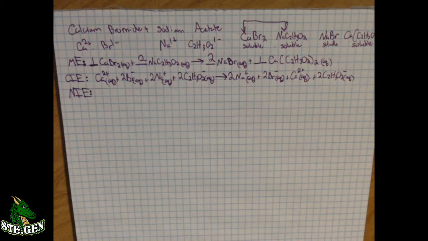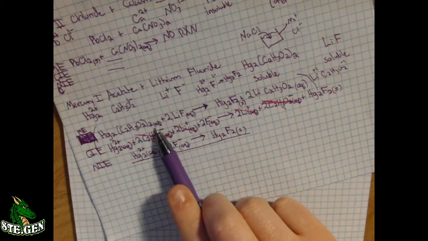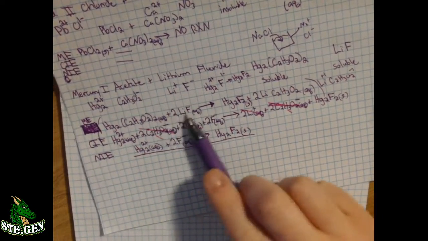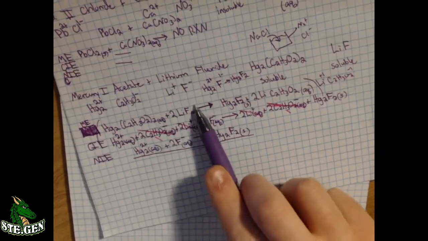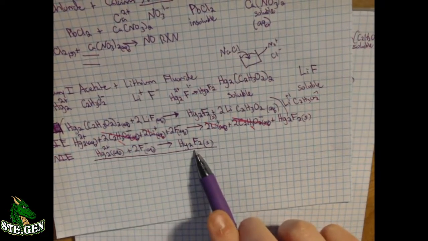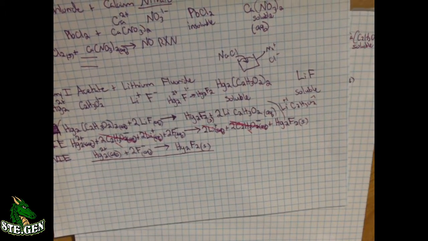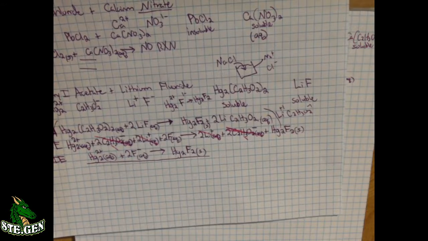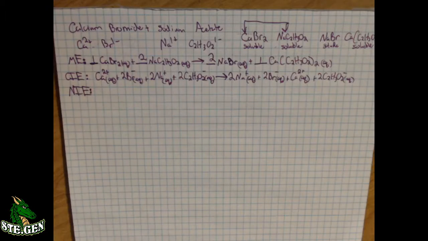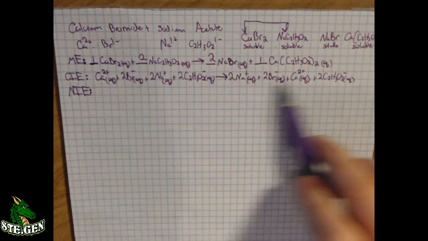Like the last one we did, we actually got something cool that happened. We mixed 2 liquids together, and if we would have poured these liquids into each other, we would have gotten a precipitate. We would have gotten something that changed color, kind of like that lead and potassium iodide that I poured together. It's 2 clear liquids you pour in, and you get a yellow color out of it. But this one, everything just stays dissolved.